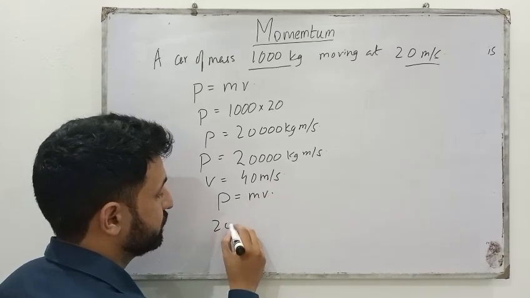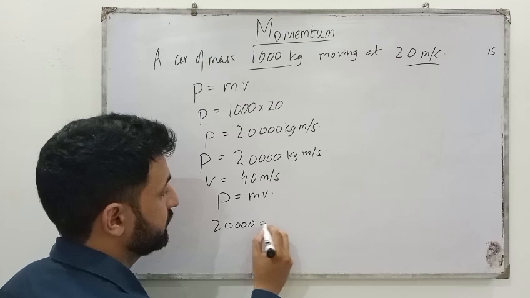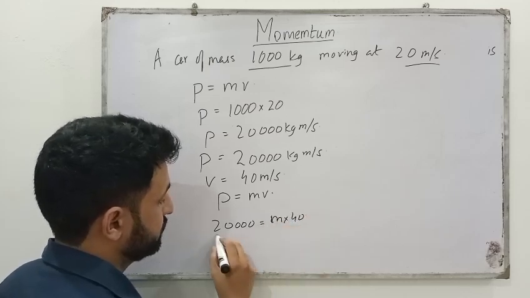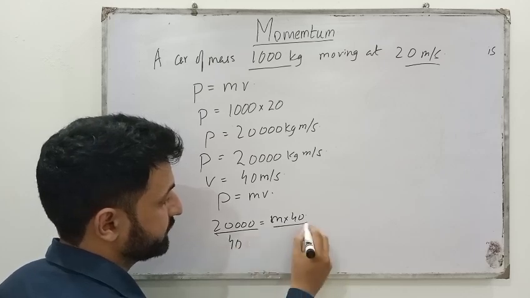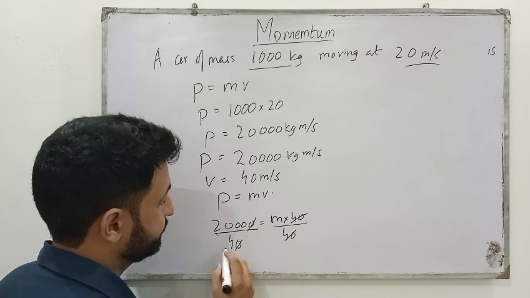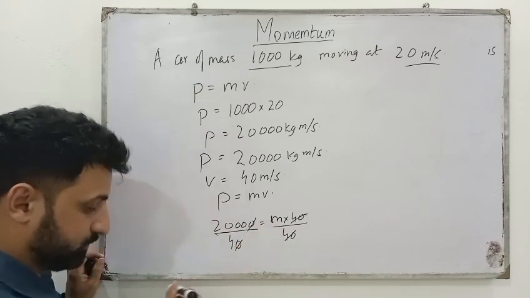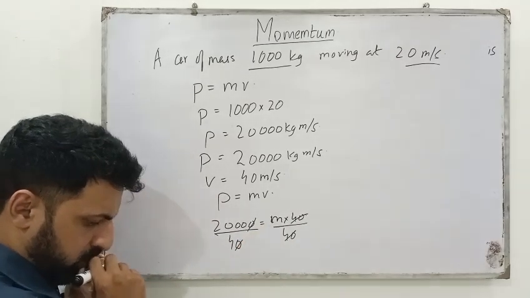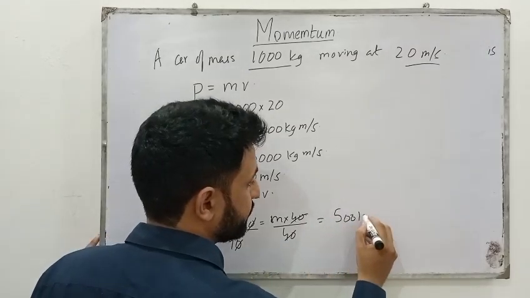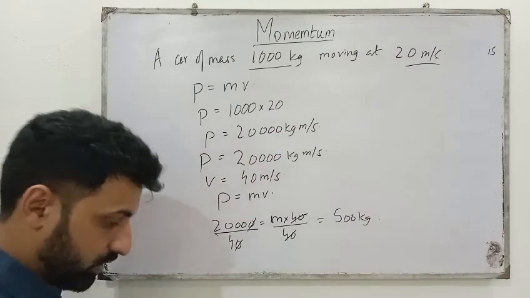So P is 20,000 is equal to mass into 40. So we divide both sides by 40. That would be equal to mass would be equal to 500 kg.